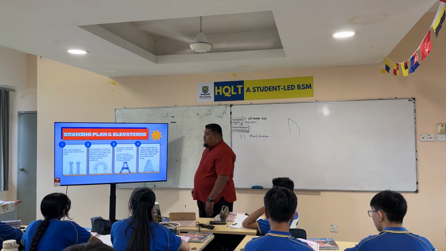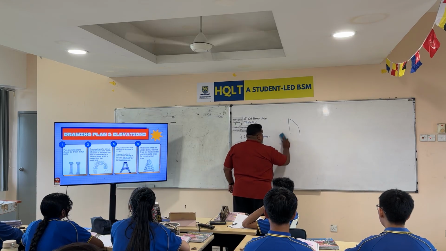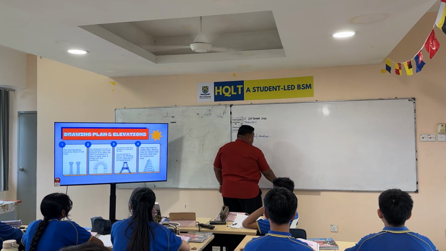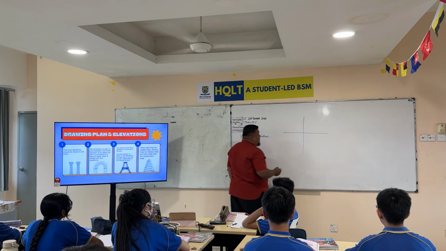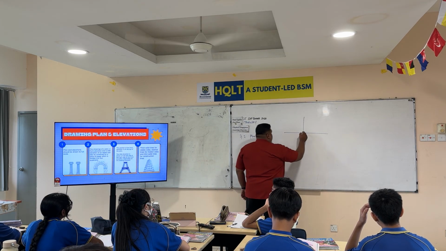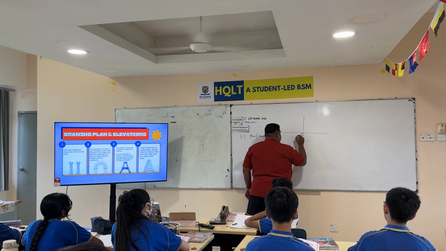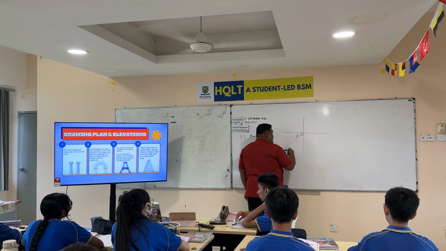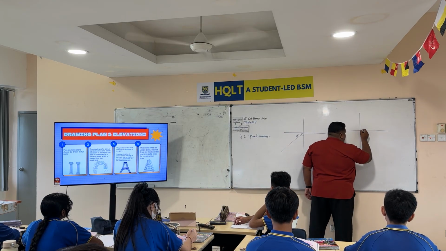So here you have 4 quadrants: 1, 2, 3, 4. There will always be one quadrant with a 45 degree line, either this way or this way.